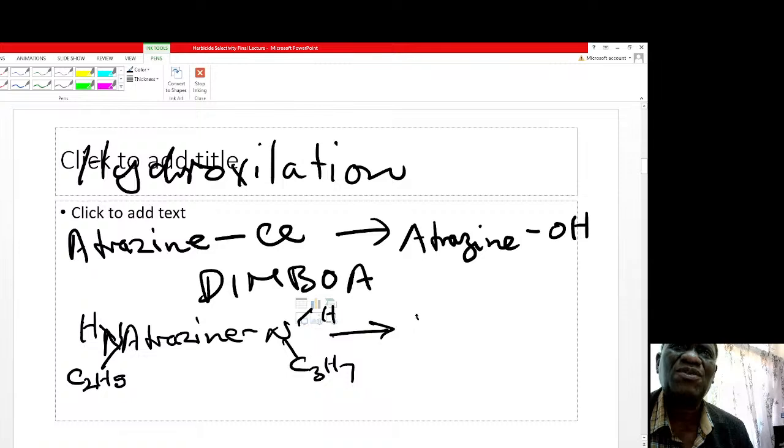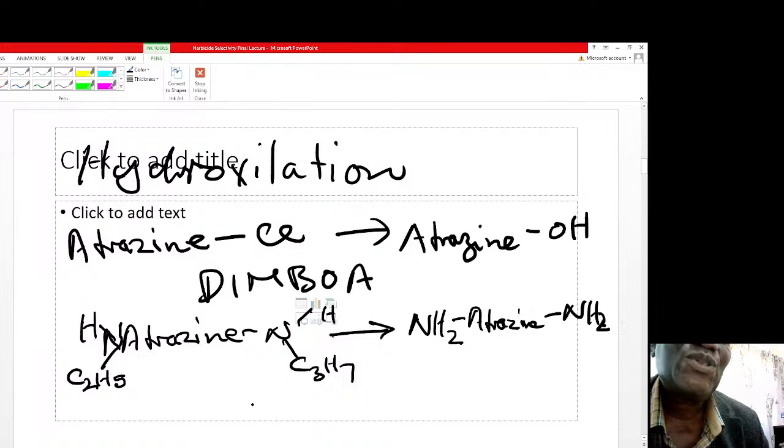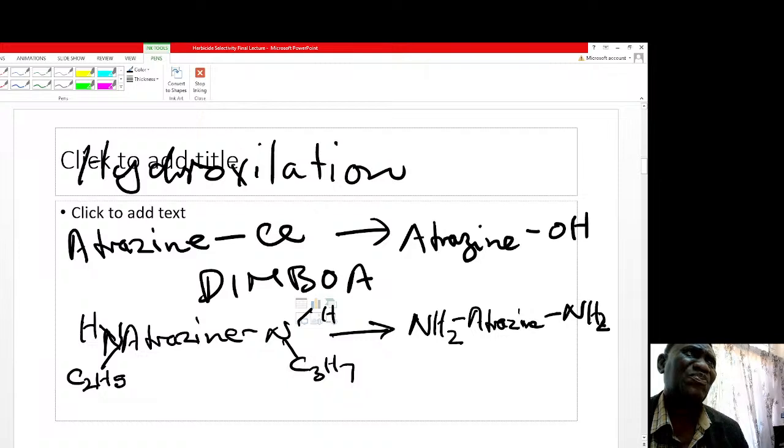Here we are going to have an NH2, atrazine, and NH2. Because this process has to be done in 2 stages in order to change what is added, the nitrogen group, we'll end up with the NH2 in the end.